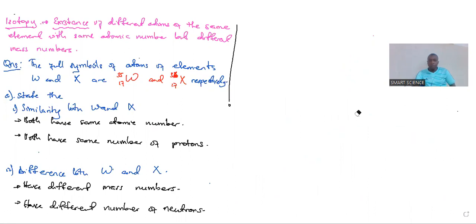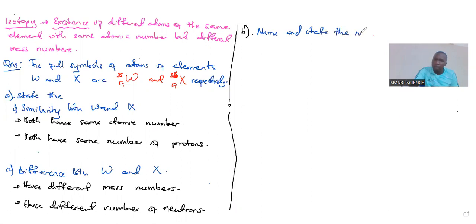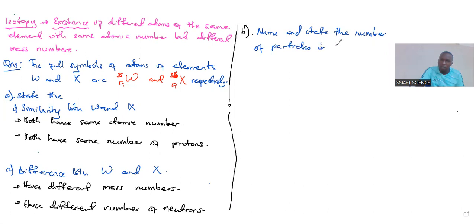Part B of my question, or the continuation of my question, suggests that I'll put it in blue ink, name and state the number of particles in atoms W and X. If we are to name the particles, let here be particles.